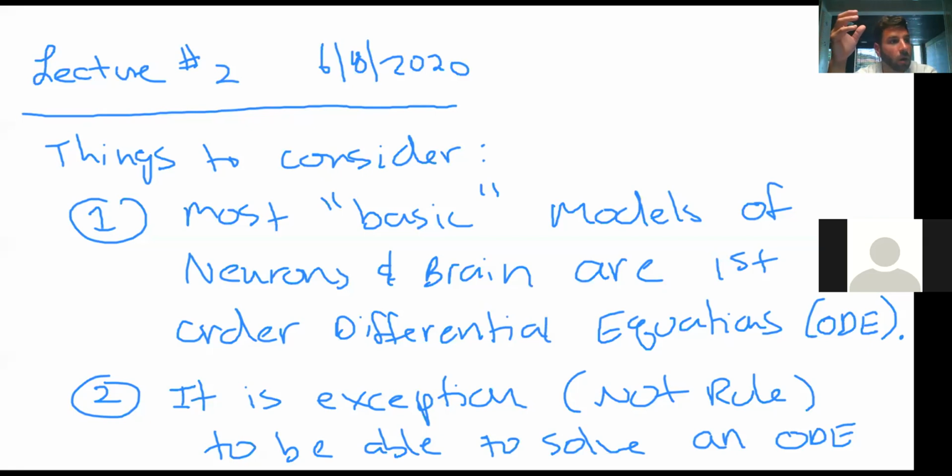Most of the basic models of these neuron models, or ways of trying to study the brain, the language of the equations, the type of equations that are good models, turn out to be differential equations. And so that means we have to be able to solve them if we want to get any information.